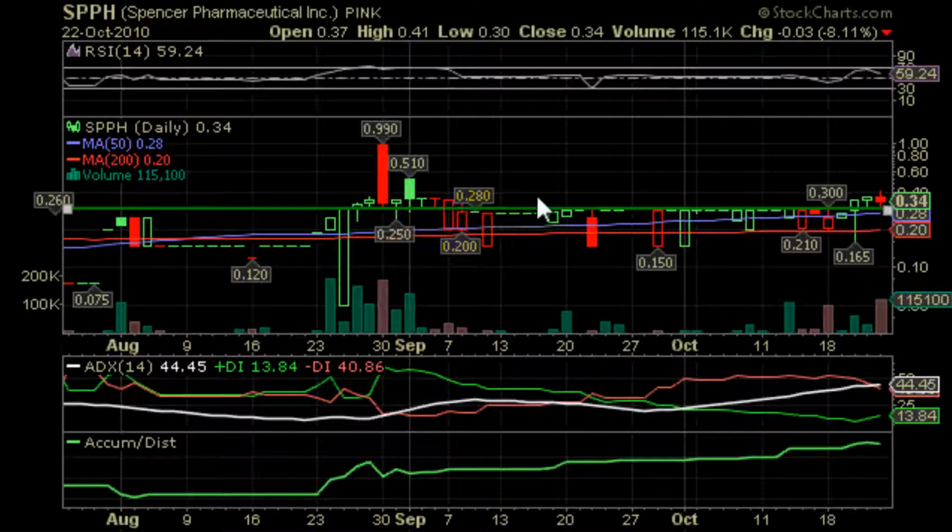So that's going to be our support right here at 0.28. As for a second line of support, we always want to know worst case scenario. As we can see, every time the stock has dropped to the level of 0.20 over the past month, it has been met with buyers. So 0.20 is going to be our second level of support.